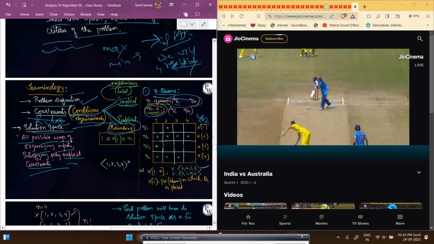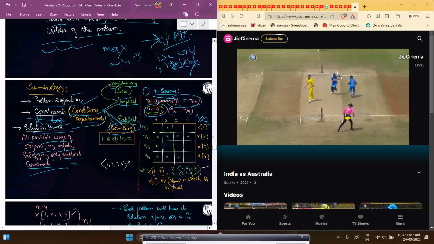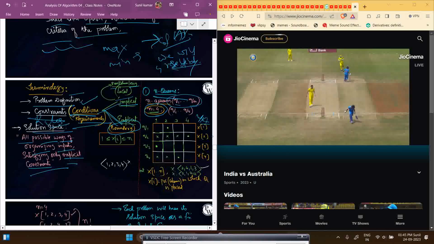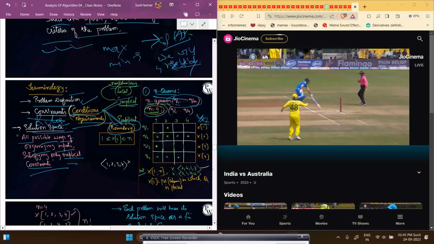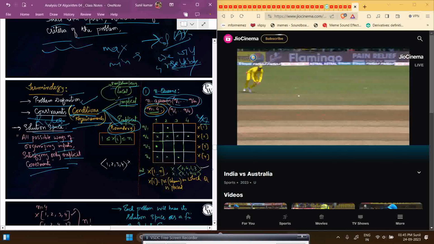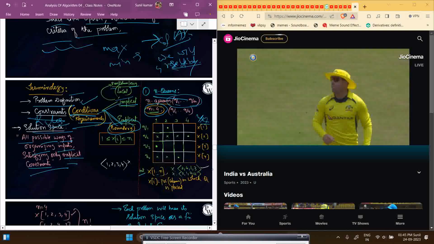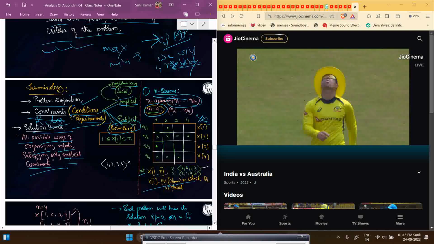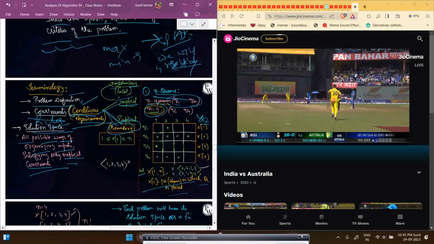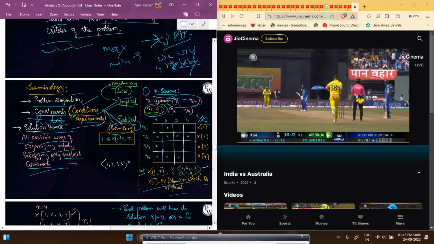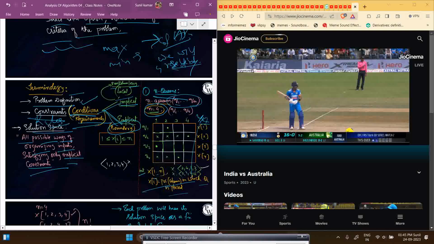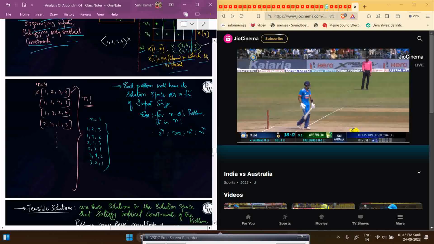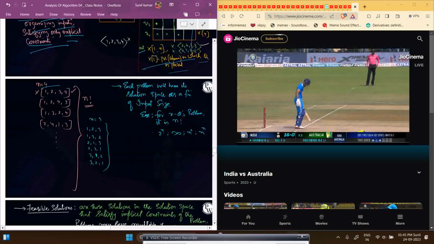Here this is the column in which queen Qi is placed, from 1 to n. So n is equal to 4.